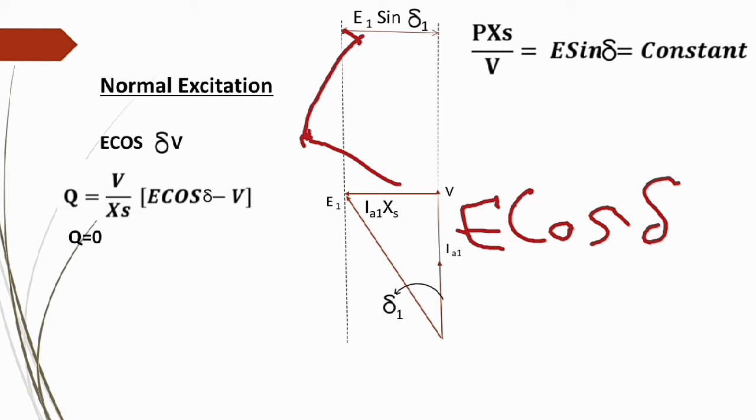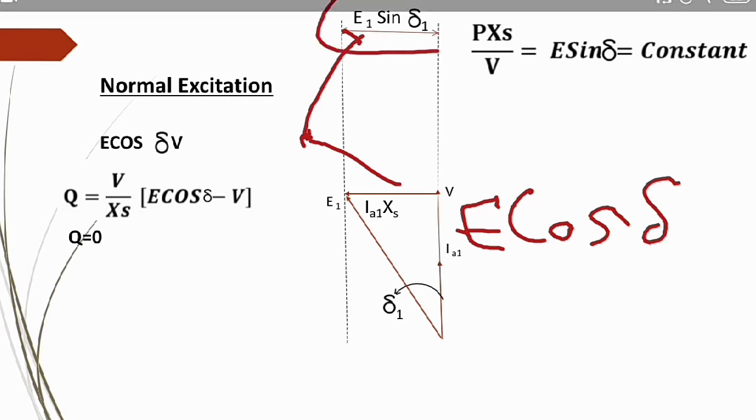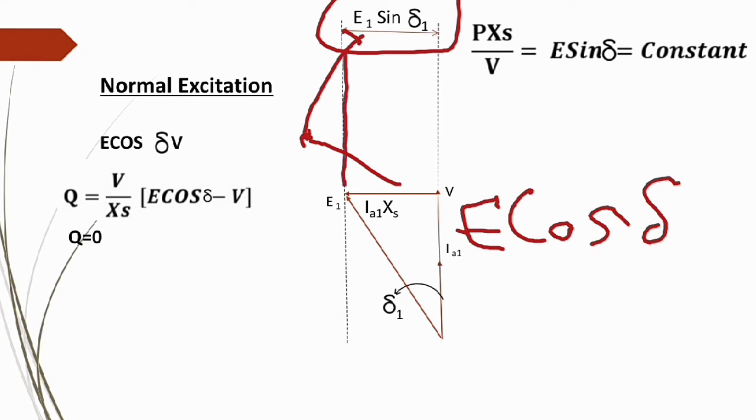We will see how it stays constant when we change the excitation from normal to over excitation, keeping E sin delta 1 constant in any case. The locus of the EMF should be this line in the over excitation case, and in under excitation the locus of EMF should be this.